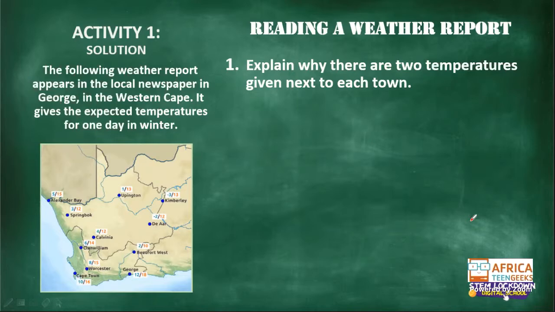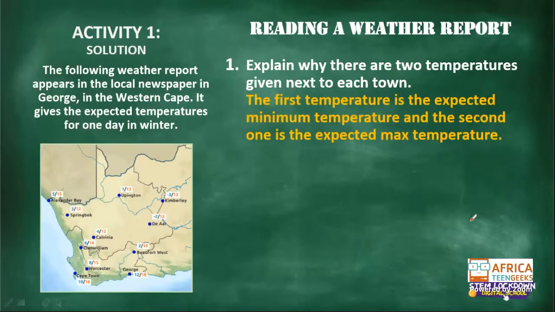Let's see, highest and lowest for the day. Great, thank you, Tiro, that's perfect. Yes, the first temperature is the expected minimum temperature. That's the one in blue. And the second one is the expected maximum temperature. Megan says red is the highest and blue is the lowest. It gives us the max temp for the day.